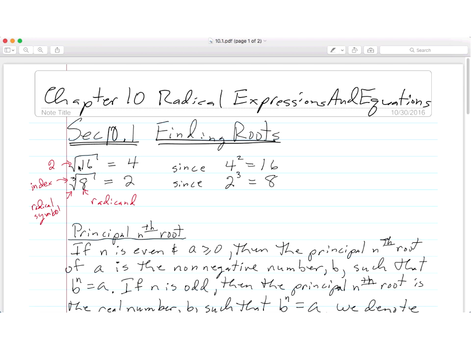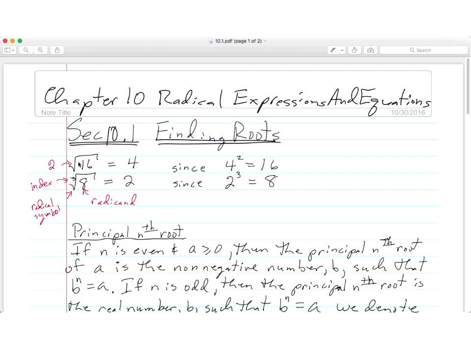And so the nth root here, the square root of 16, is 4. And so the principal nth root of a is 4.